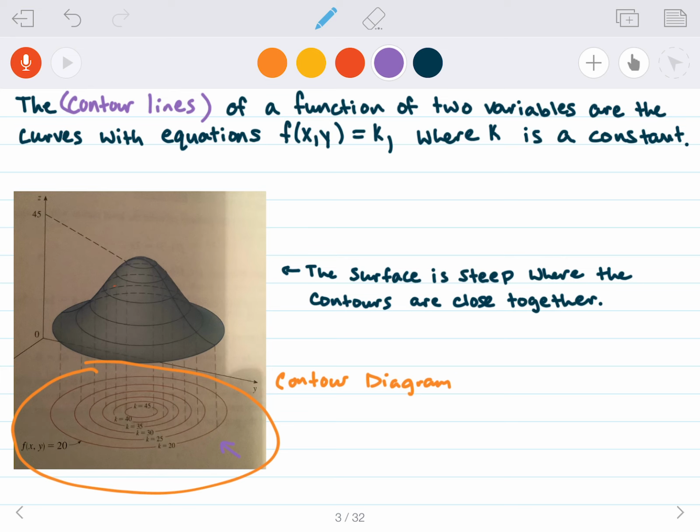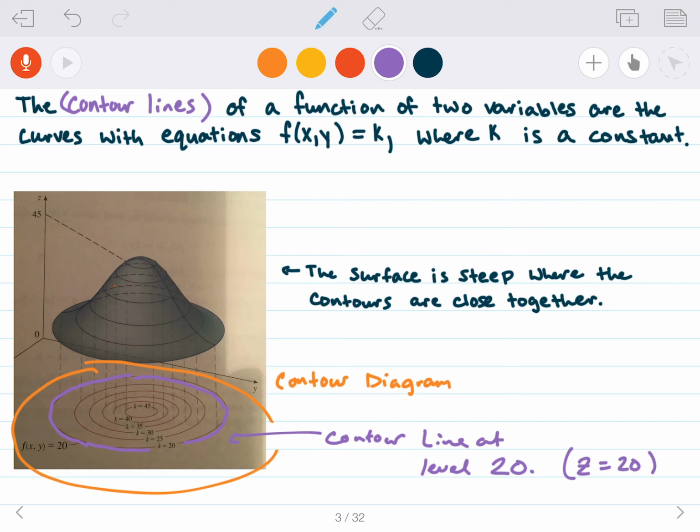So, for instance, this circle right here is a contour line at level 20. You can think of this as z = 20.